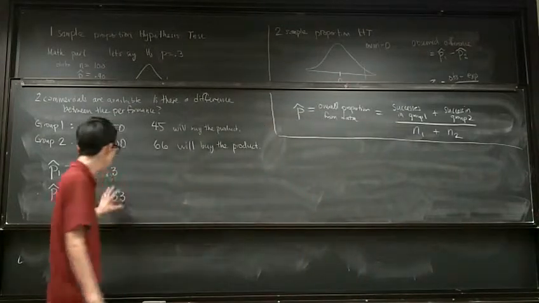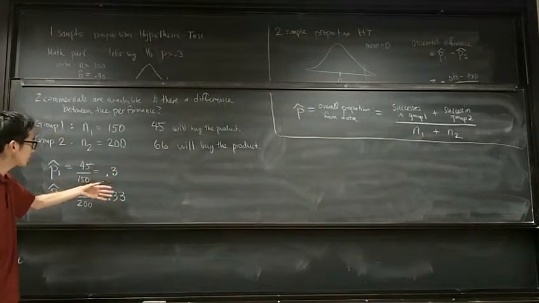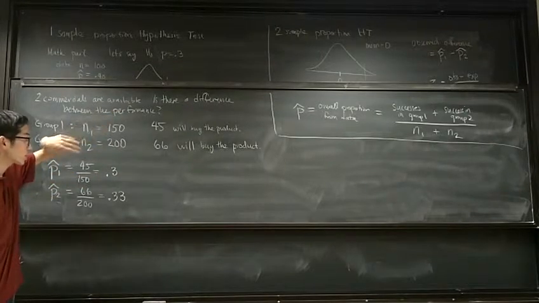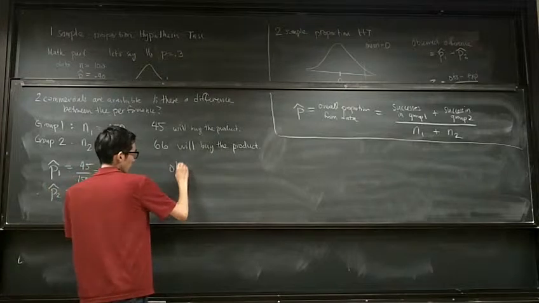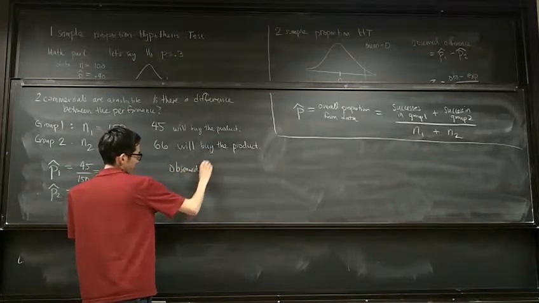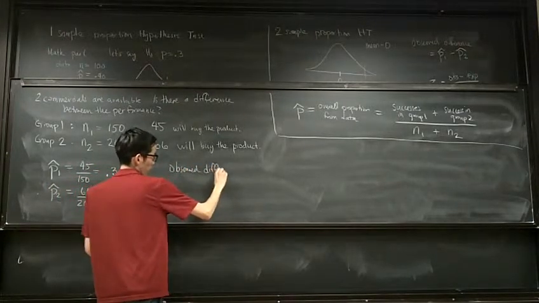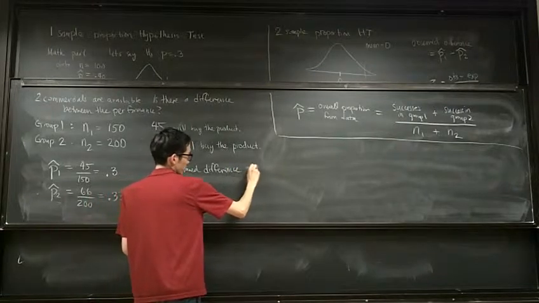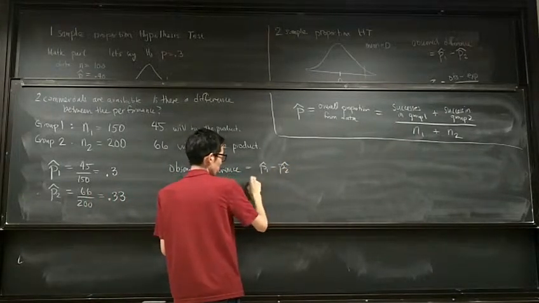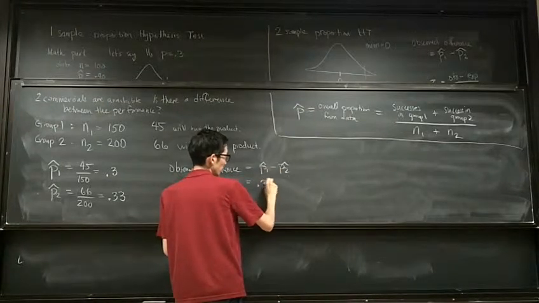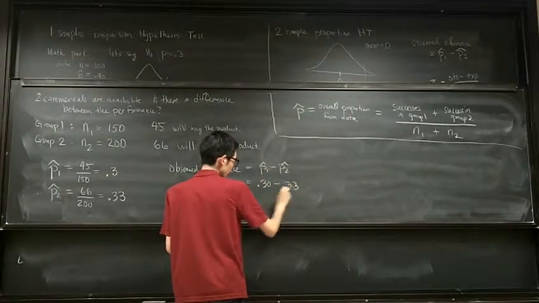Okay, so I'm observing a difference of 3%, or if I want to frame it the way the test is written, my observed difference is equal to P1 hat minus P2 hat. So I have 0.30 minus 0.33.